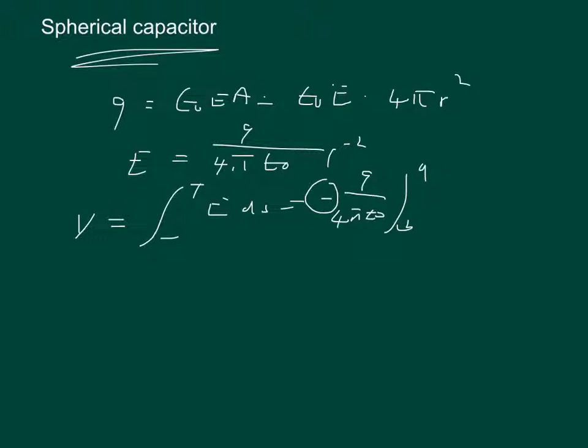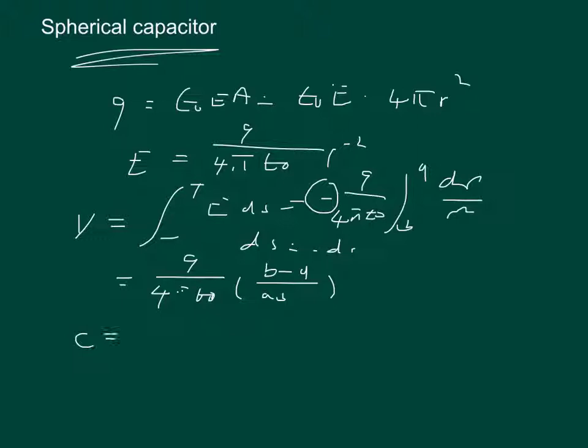That's why we have the negative sign when we change from ds to dr. So I'll mark here ds equals negative dr, same reason as the previous slide. And then we have dr over r squared. This should give us something like Q over 4 pi epsilon naught times b minus a over ab.